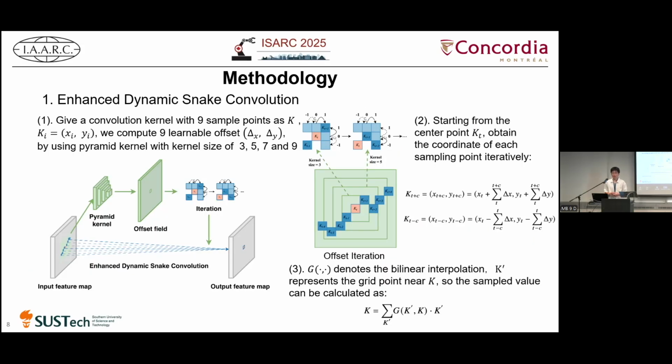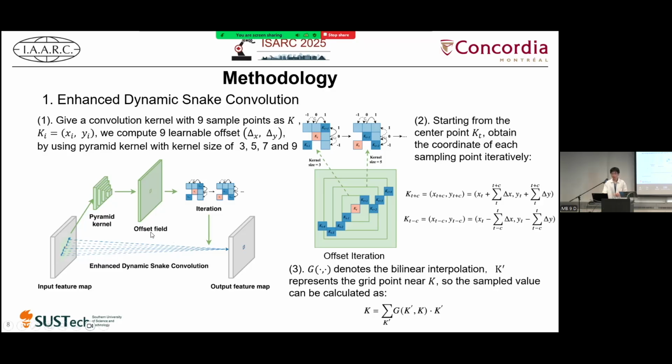We propose the enhanced dynamic snake convolution by improving in two ways. The computation process is below. First, we compute the offset field by a pyramid kernel. The small one computes the offset near the central point, and the larger one for further away.